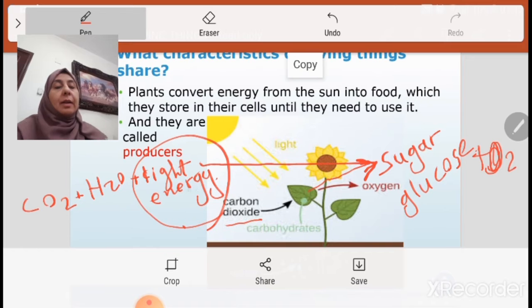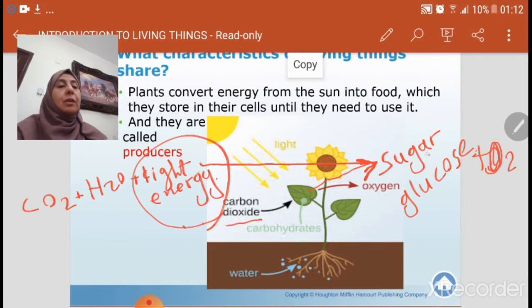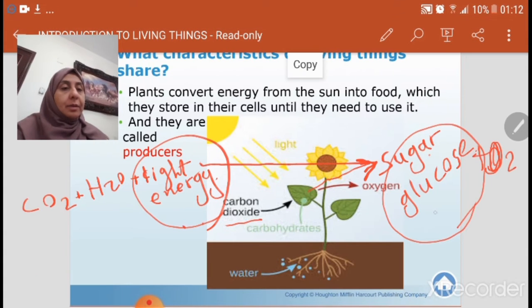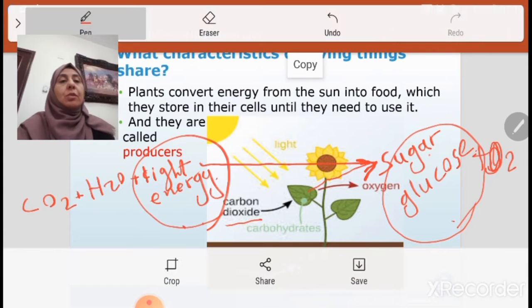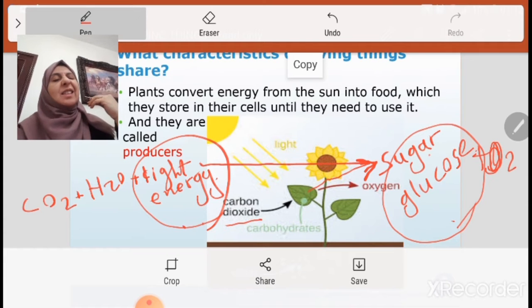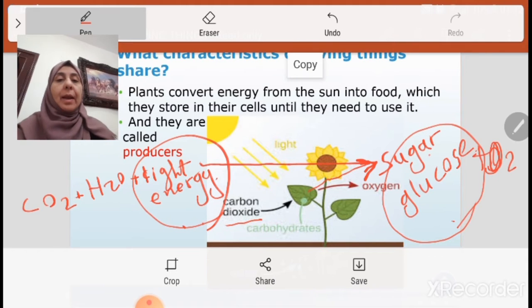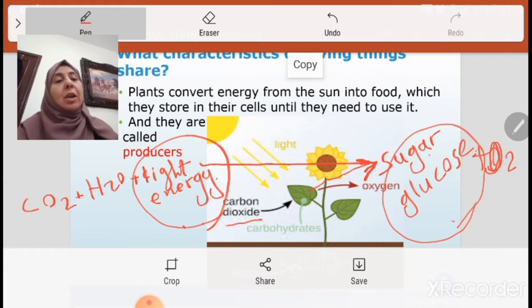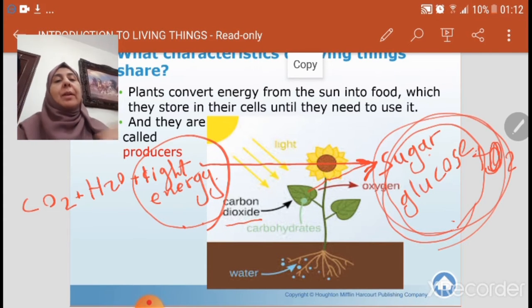Finally, the sunlight energy will be converted into chemical energy that will be stored in the glucose. So other organisms that can't make this sugar will depend on eating the plants or eating other organisms that eat plants to get the energy from it.